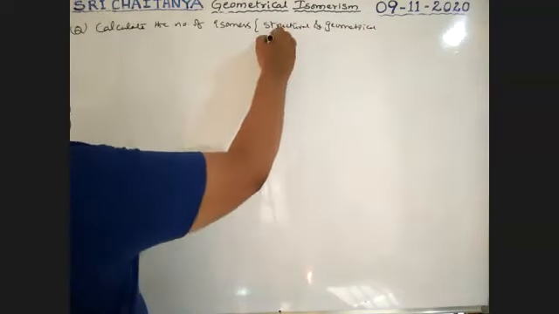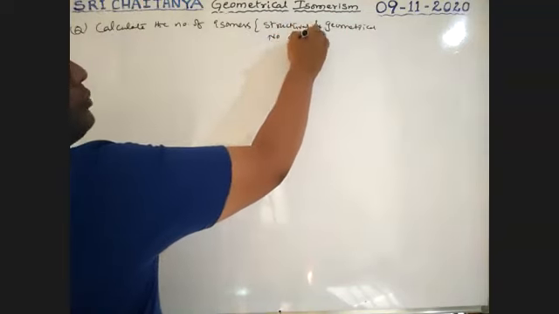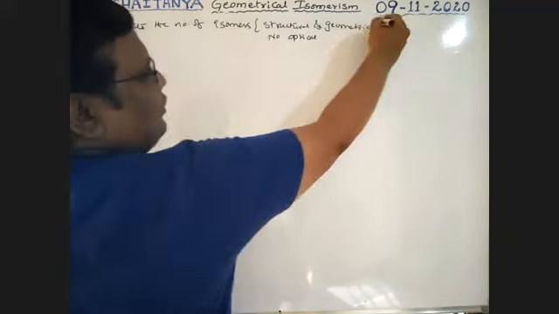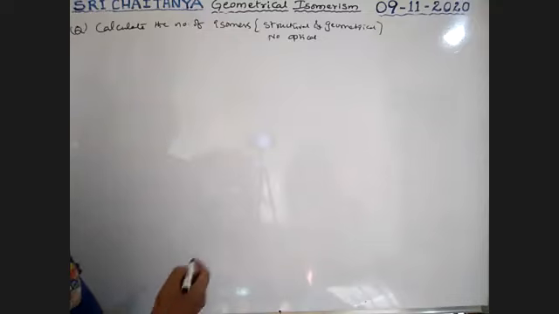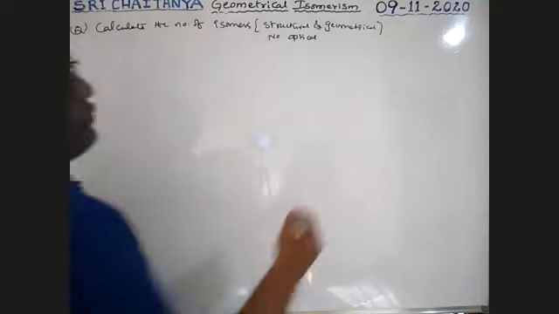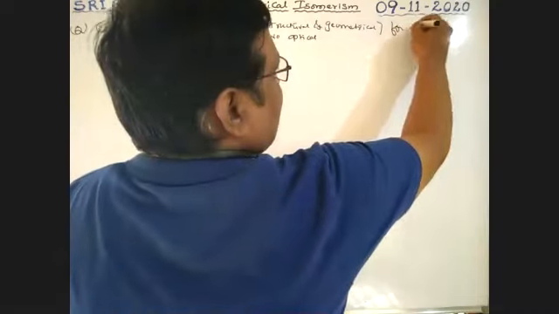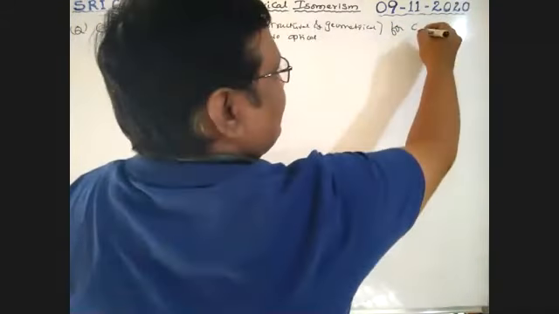Structural and geometrical, no optical conditions, because optical is not covered here. So the number of isomers, excluding optical isomers, for C6H12.